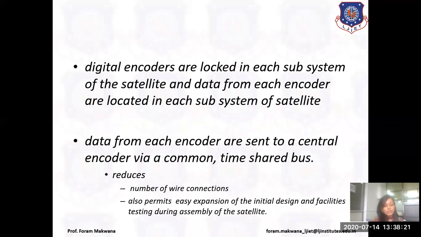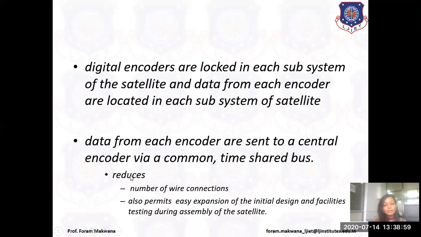Now, as I have told you, the telemetry transmitter will not transmit the signal directly, it first encodes it. So digital encoders are located in each subsystem of the satellite, and data from each encoder are sent to the central encoder via a common line, or you can say a time shared bus.